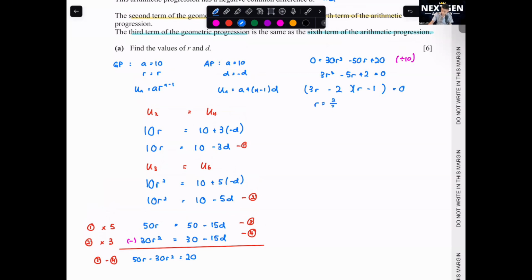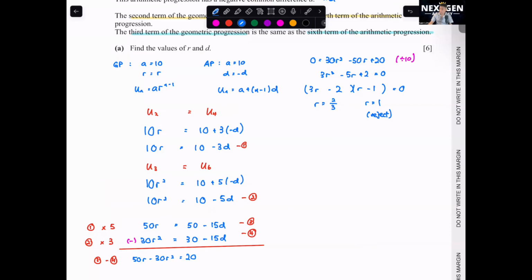R is 2 over 3, R equals 1. Okay, R, the common ratio, cannot be 1, because in a geometric progression, if your value is 1, then you keep multiplying by 1, multiply 1, multiply 1. So R cannot be 1, so we have to reject it. It needs to be any value other than 1 or 0.